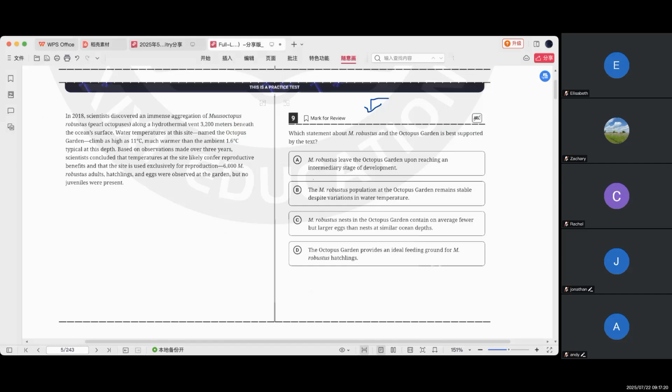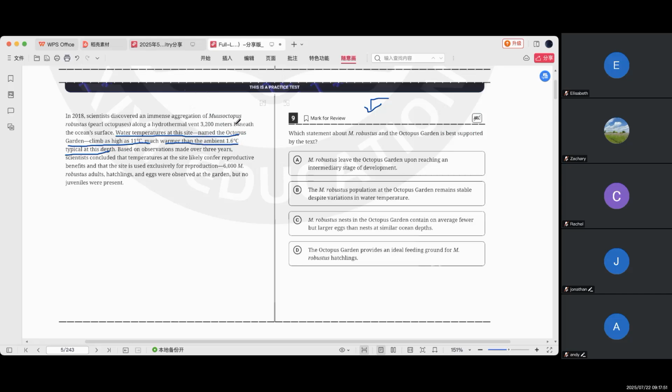Since the question is asking what statement is best supported by the text, you have to fully understand the text. And Elizabeth said the second sentence. Okay, let's start by reading the second sentence. Water temperature at this site climbed as high as 11 degrees Celsius, much warmer than the ambient 1.6 degrees.